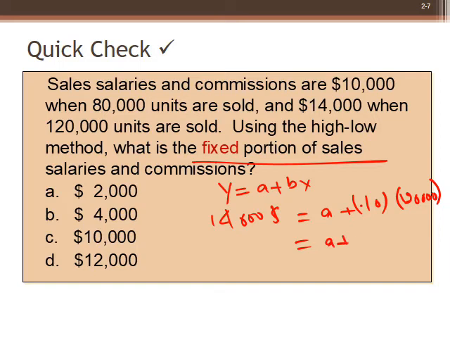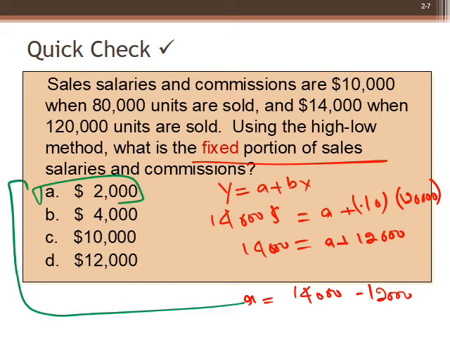Just solve it. The answer would be 12,000 here, 14,000 here, and a is equal to 14,000 minus 12,000, so the answer would be A.